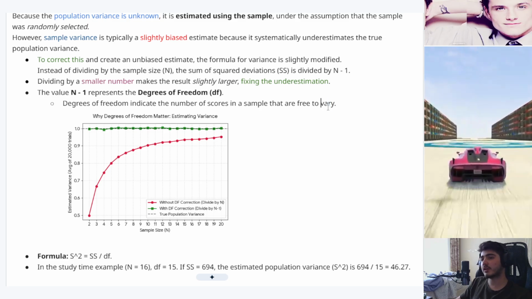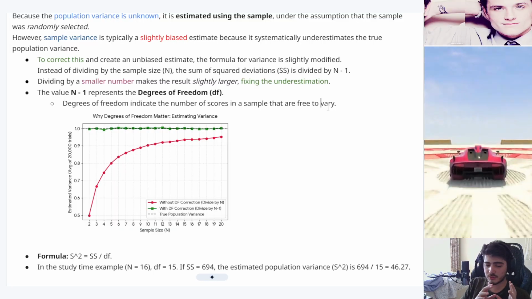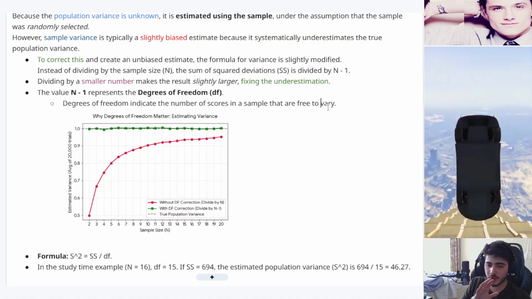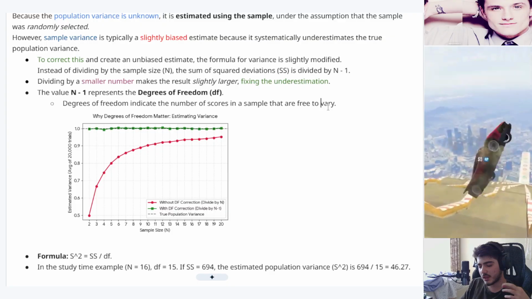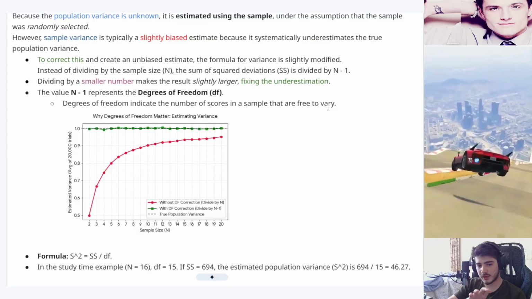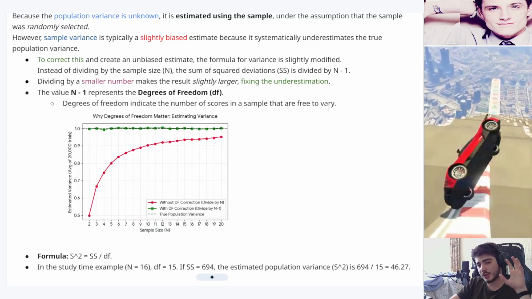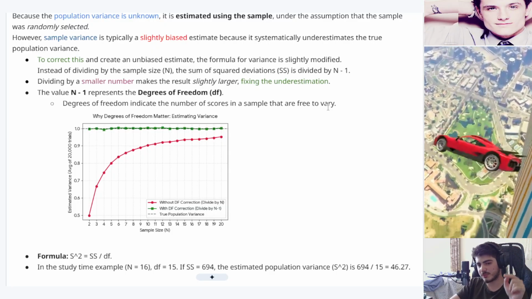Now, the underlying logic behind this is, let's say you have 5 data points in your dataset, and then you get the mean of these 5 numbers. So you have the mean just noted down somewhere. Let's say the mean is 5.